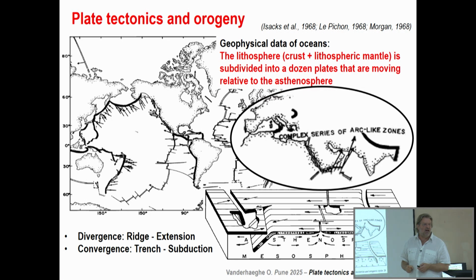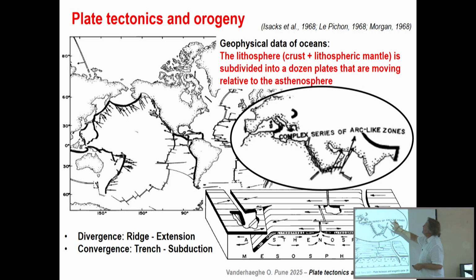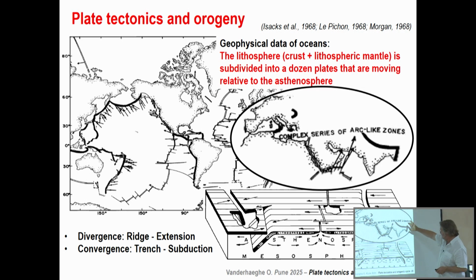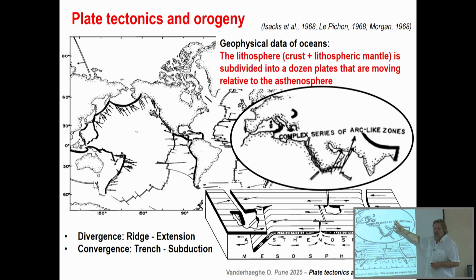Complex series of arc-like zones. Complex means that it's difficult to understand. Arc-like, you're not really sure what you're talking about. What it really tells us is that McKenzie, Isacks and these guys couldn't make something out of the mountain belts. They couldn't make sense of it in the frame of plate tectonics.